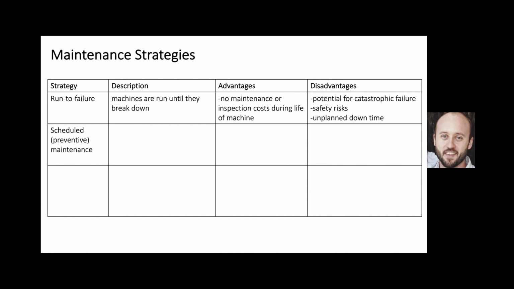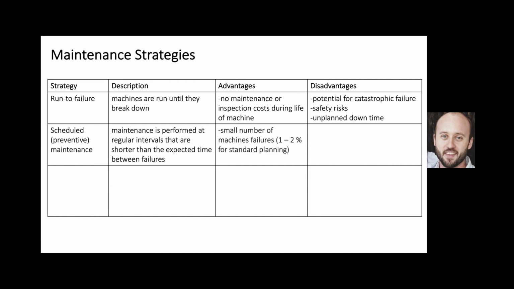The next level up of maintenance strategy is what we call scheduled maintenance or preventive maintenance. And this is when you will schedule maintenance at regular intervals, and that time interval is selected so that you're going to reduce the number of machine failures. So this typically requires some sort of historical performance data of a class of machines and then scheduling a maintenance interval accordingly.